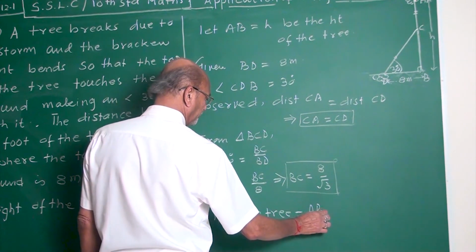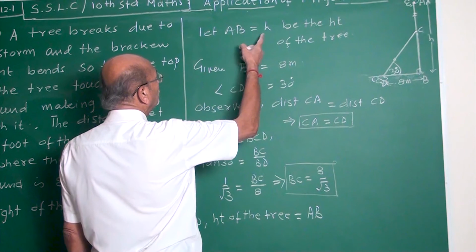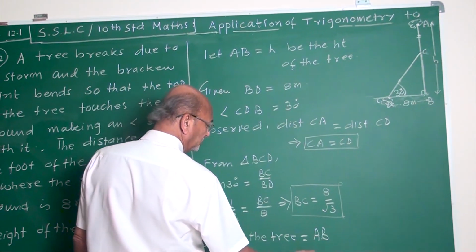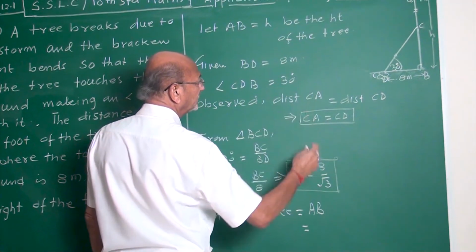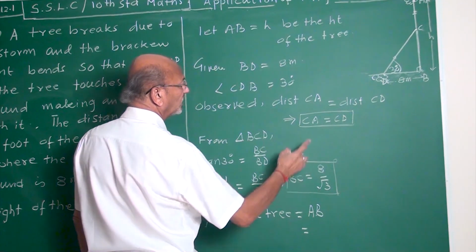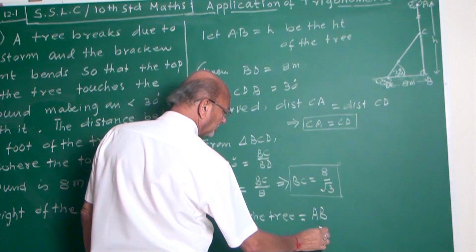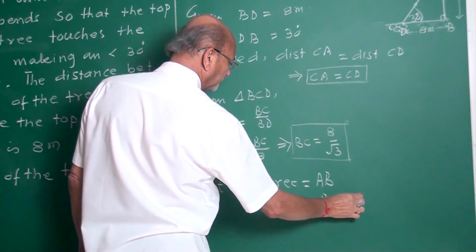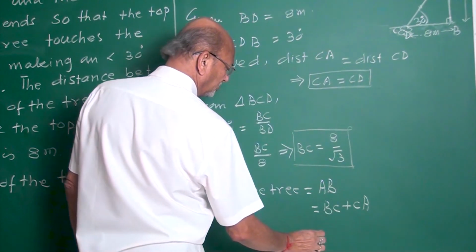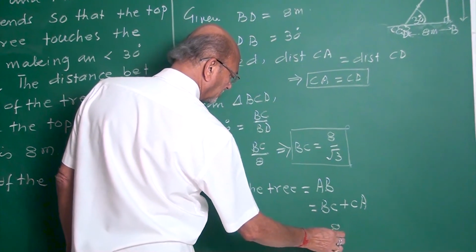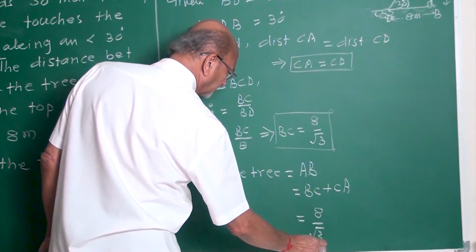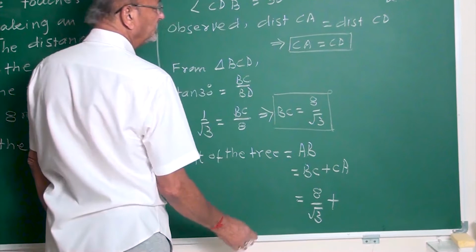AB. AB equals H, the height of the tree. But what is AB? It is CA plus BC. What is the value of BC? 8 by root 3 plus CA.